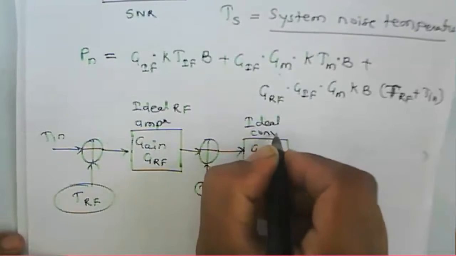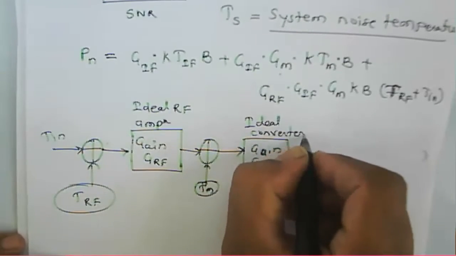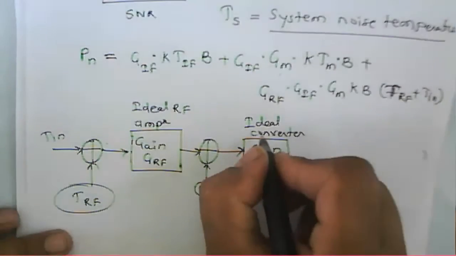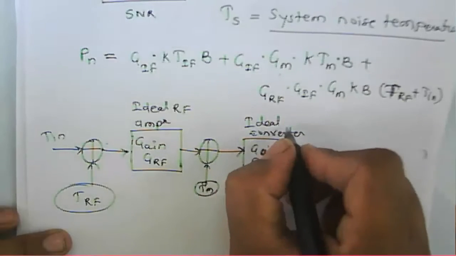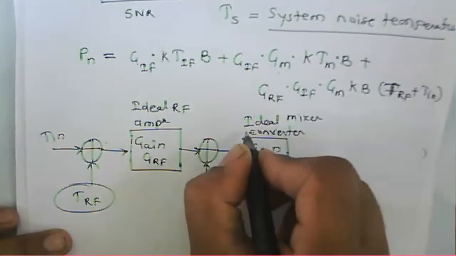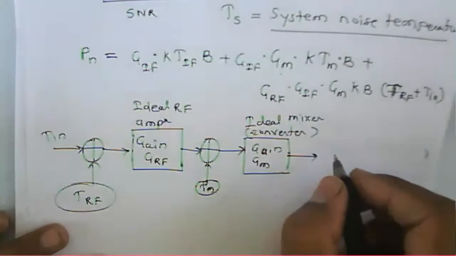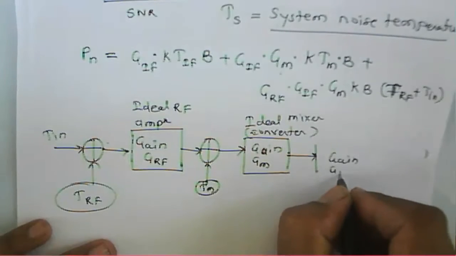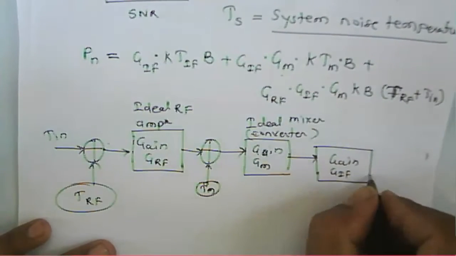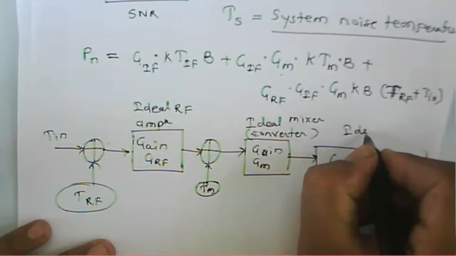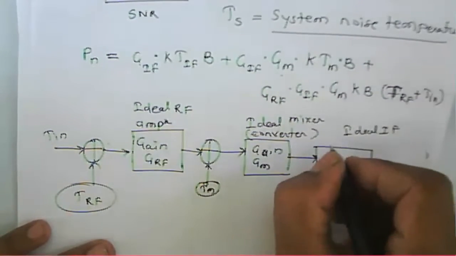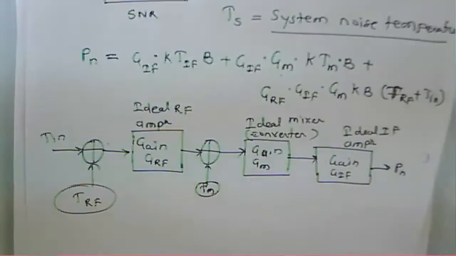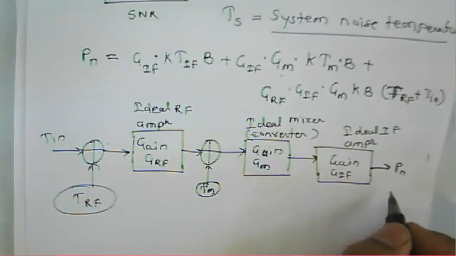Then the ideal converter, that is the down converter we have, or we can say the ideal mixer. Then we have the gain of the IF, and this is nothing but the ideal IF amplifier, and then the noise power at the demodulator.